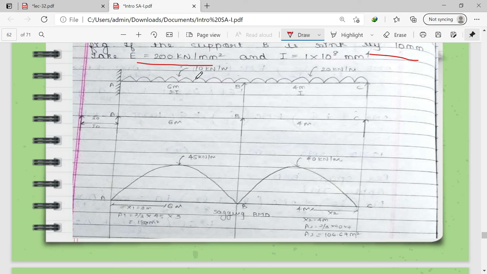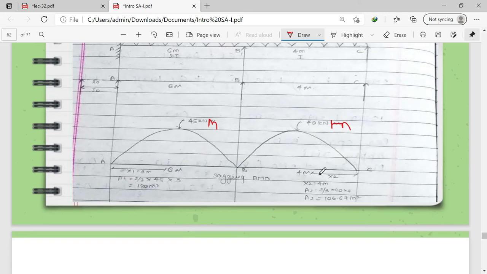For AB it will be 10 and the span is 6 meter. So WL square by 8, 10 into 6 square by 8. The answer is 45 kilonewton meter, not per meter, it is meter. For span BC it will be 20 into 4 square by 8, that is 40 kilonewton meter.